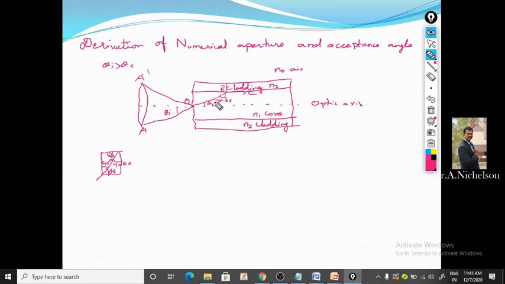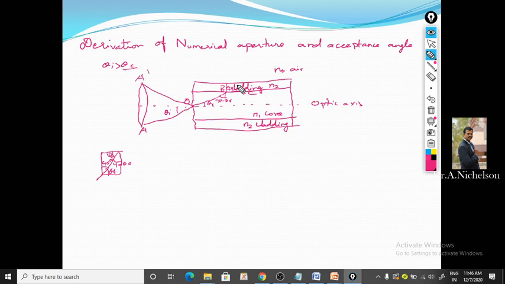Then it moves inside and undergoes angle of refraction theta r. Then it falls at the point B with angle 90 minus theta r. And when it is equal to the critical angle, it will undergo refraction along BC, that is, it traces the path of the core cladding interface, which makes an angle of 90 degree.